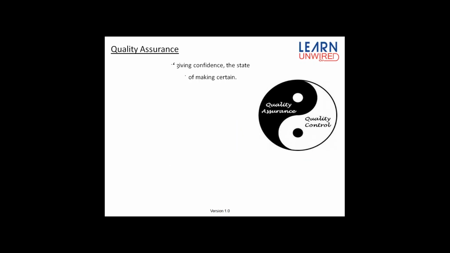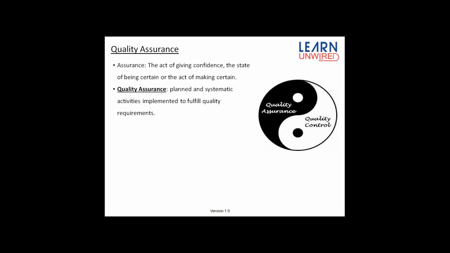And finally, we will see what is quality assurance and quality control. To define assurance, the dictionary meaning is the act of giving confidence, the state of being certain, or the act of making certain. The same thing we are going to achieve in software quality. Quality assurance is planned and systematic activities implemented to fulfill quality requirements.